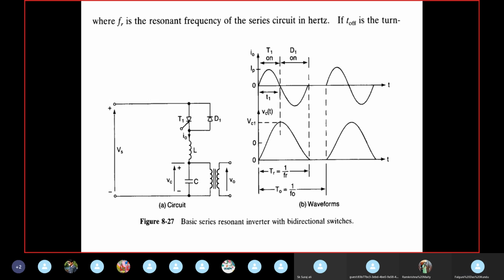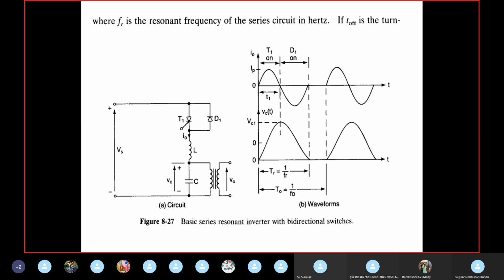And here what happened? We get that with thyristors as unidirectional devices, the inverter frequency and the amount of energy transferred from the source to the load are limited, and the thyristors are also subjected to peak reverse voltage.